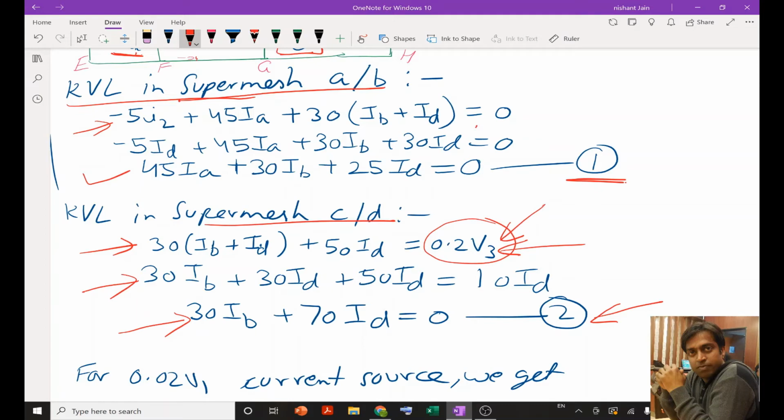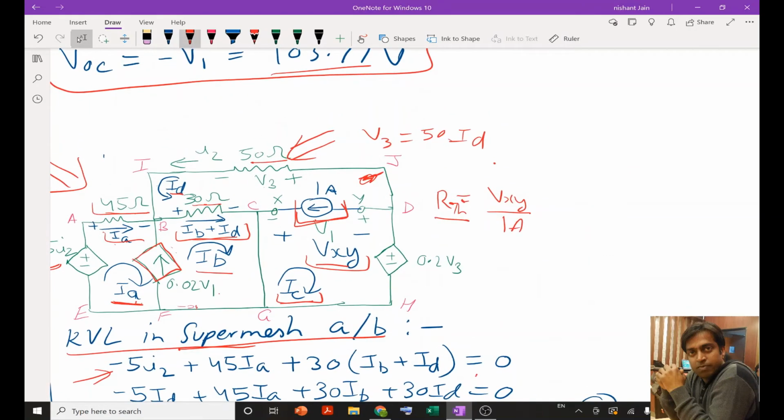After that, if we look at this 0.02 V1 current source, you can see that this current is in the upward direction, and along with that, IB current is there in this particular branch and IA current is there.